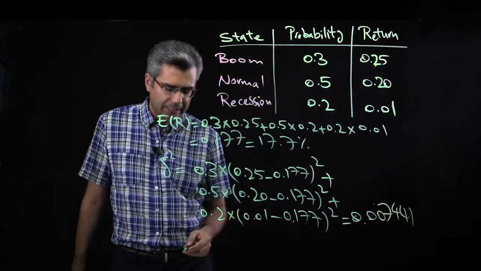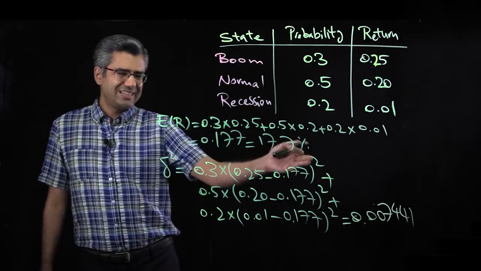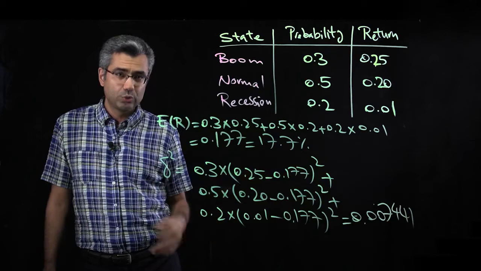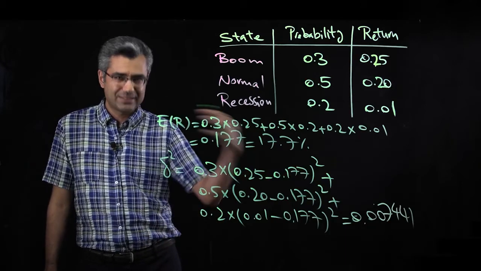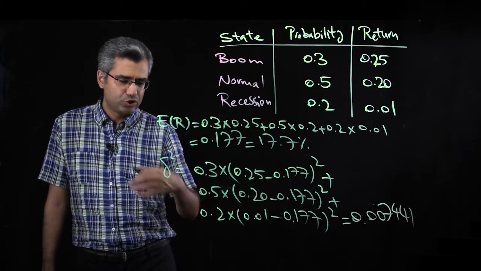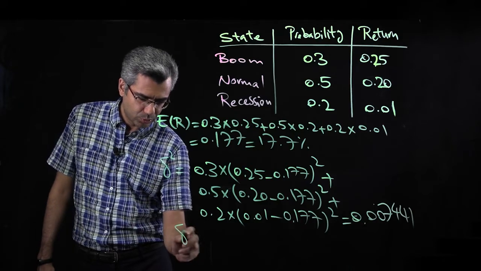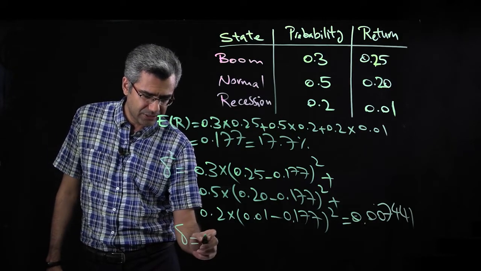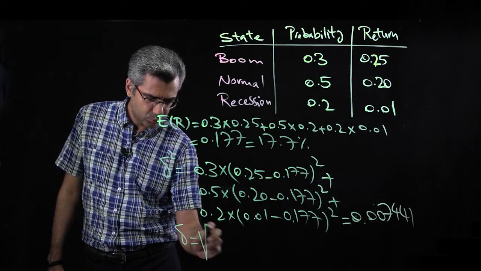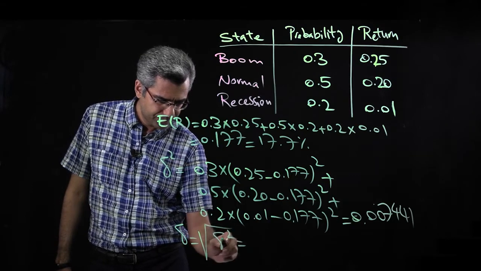0.00741. Now, we already changed the scale because we used a power of 2. Now let's return it back to the original scale of measurement. So we need to compute the standard deviation by taking the square root of the variance.